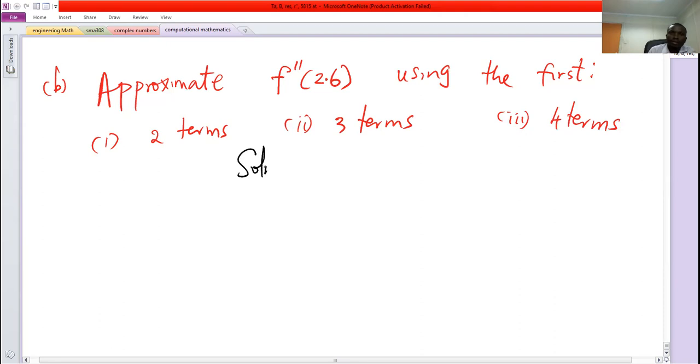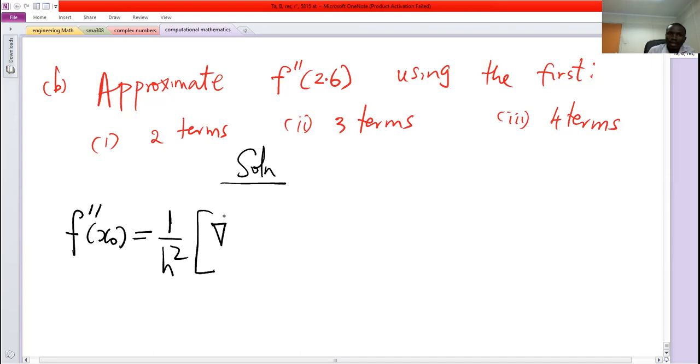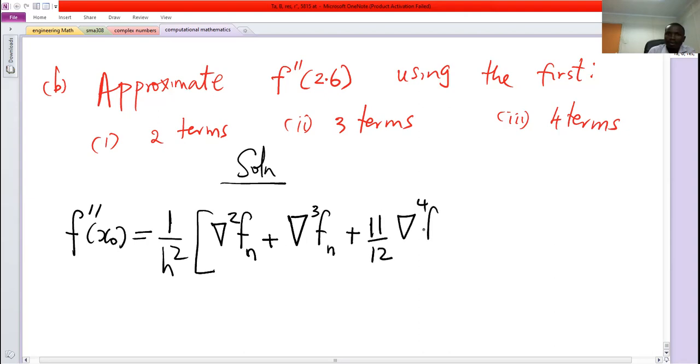So, solution: we know that the second derivative at x naught is given by 1 over h squared into the second backward difference of fn plus the third backward difference of fn plus 11 over 12 times the fourth backward difference of fn plus 5 over 6 times the fifth backward difference of fn. So this is the formula that we apply.